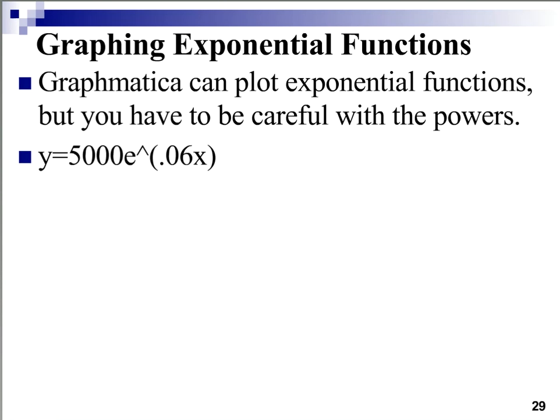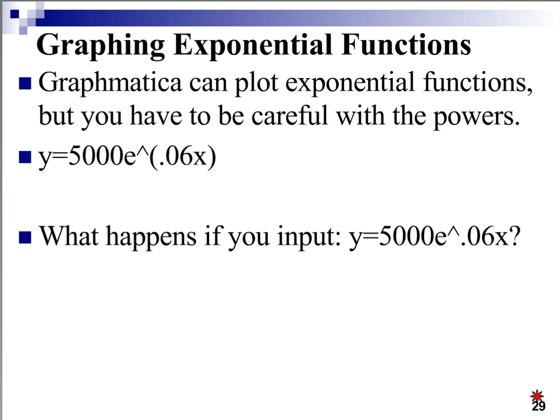So for example here, if you're going to enter this into Graphmatica, you'd want to do something like this. You'd want to do y is equal to 5,000 e to the power of (0.06x). Now notice that the 0.06x, which is the power on the exponent, is in parentheses because you want to force Graphmatica to raise e to that entire power.